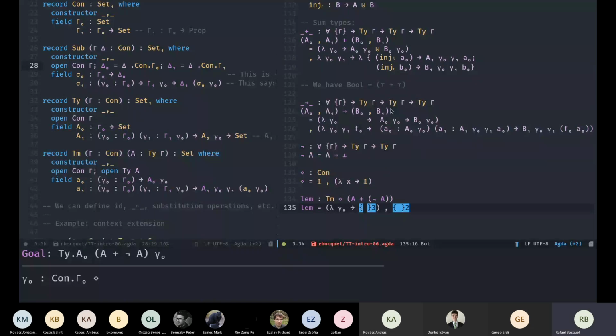However, because this only depends on A0, the only choice that you can make here is to say that A is inhabited.